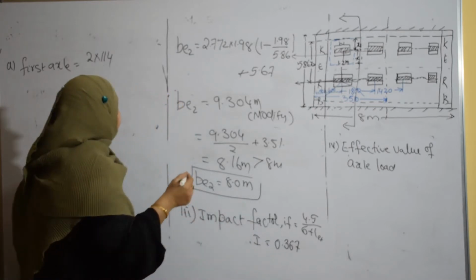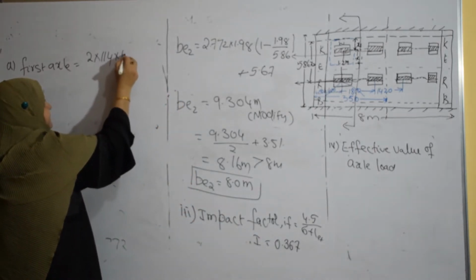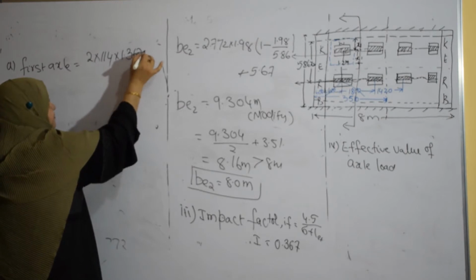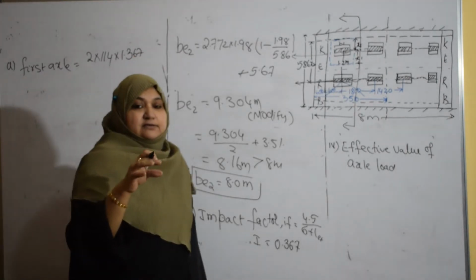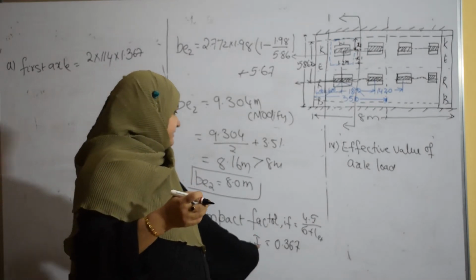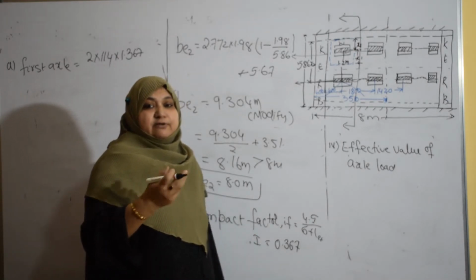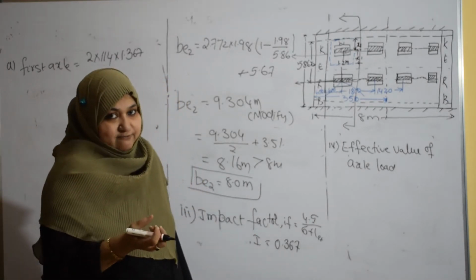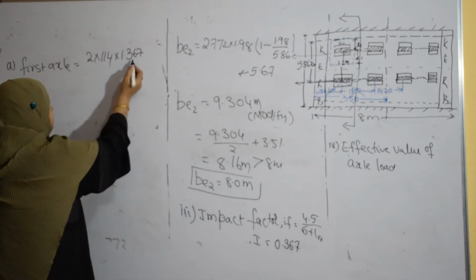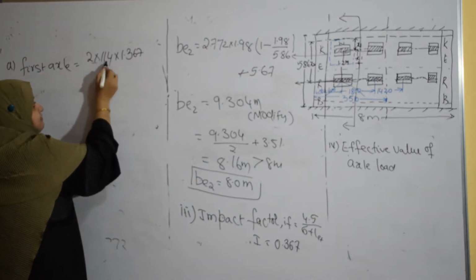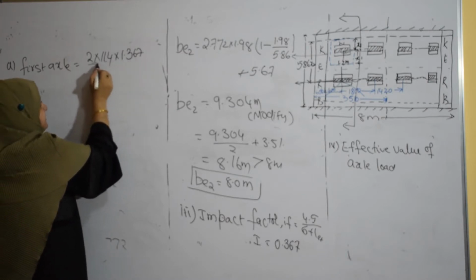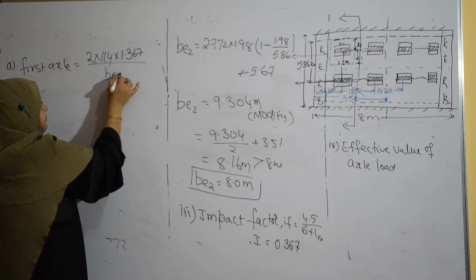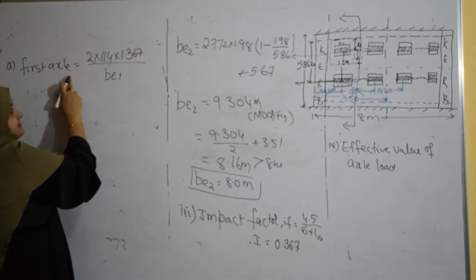Instead of calculating it separately, I will just make it 1.367 times the live load. Whatever live load is there, plus 0.367, that is the impact factor of the live load, will give me the total live load. So I am just increasing the live load by 1.367 to take care of the impact, divided by BE1, because this is the first axial.